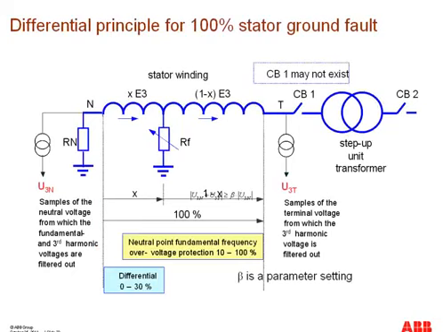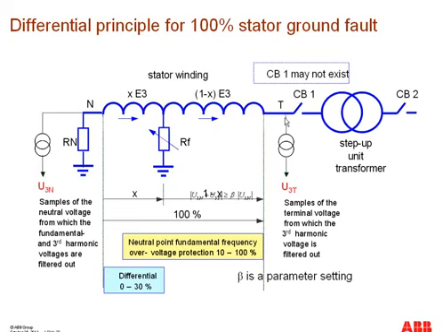Here you can see in this diagram, the generator is modeled as part of the winding, where a third harmonic voltage is induced along the winding, represented by the voltage U3. As you can see, U3N is the third harmonic voltage at the neutral point, and U3T is the third harmonic voltage induced on the terminal side.